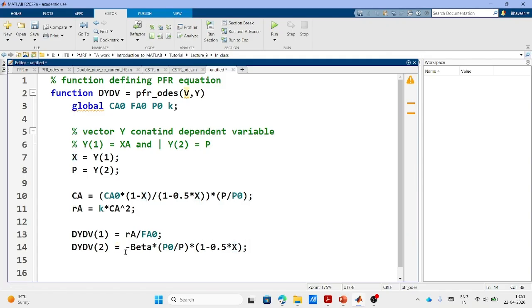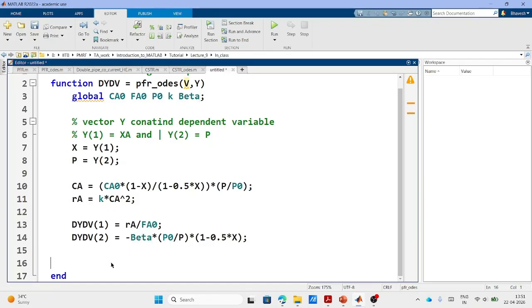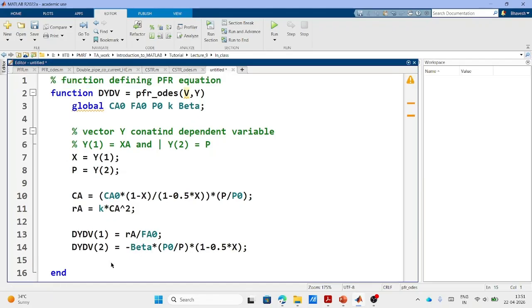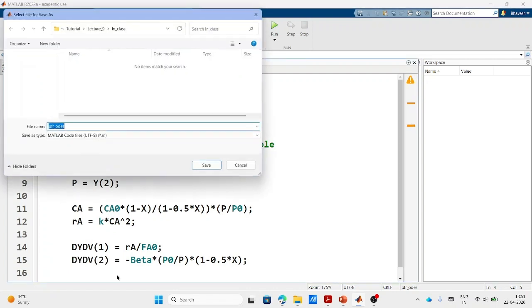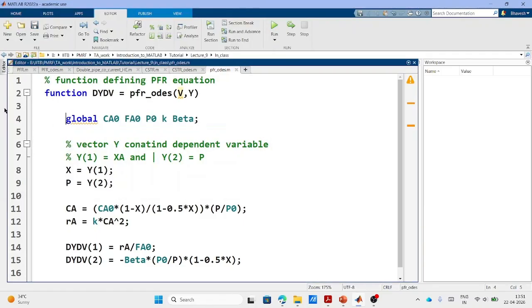Now here beta is also one global variable, so let's define it here. So this creates my ODE function for PFR. We will save it as PFR ODEs.